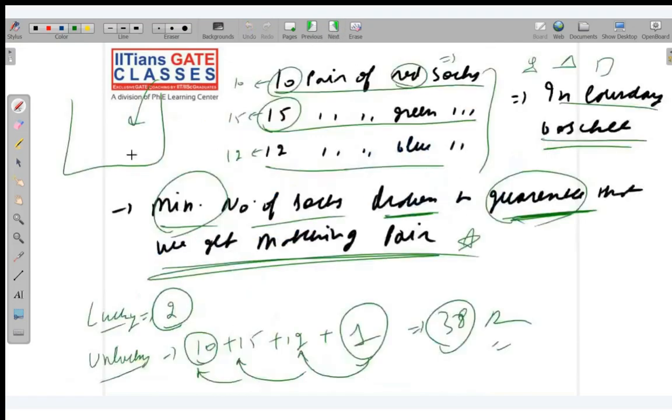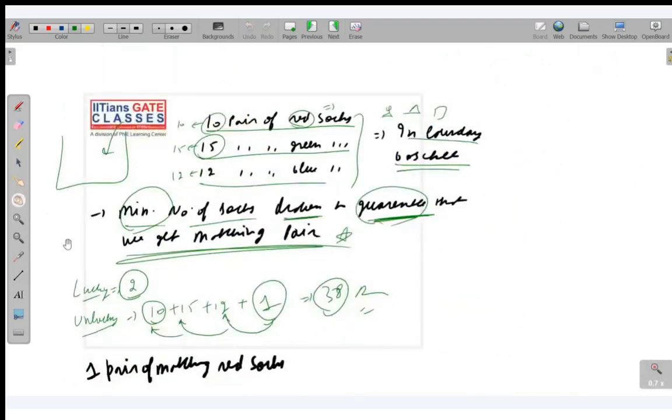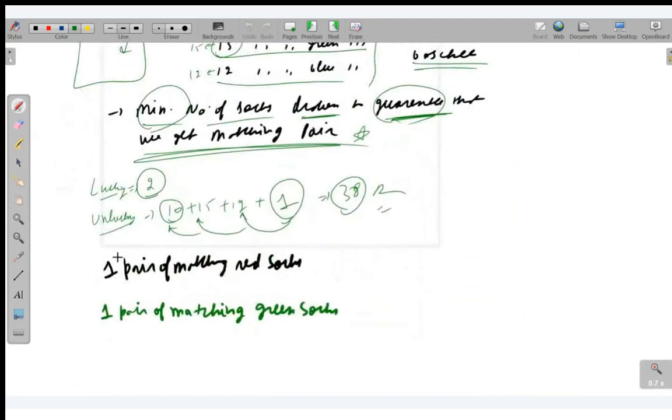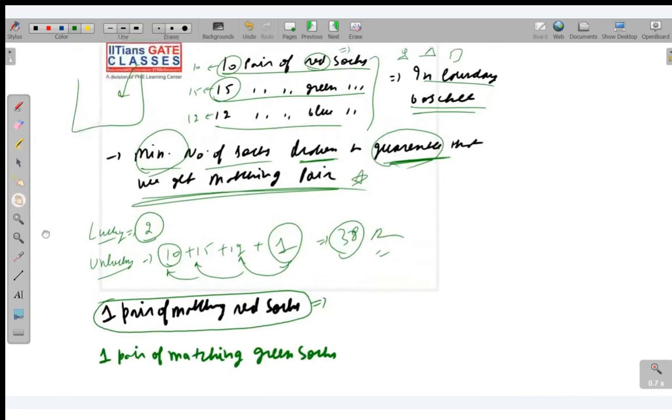So next is generating functions. Okay. And there are two more questions left. If I want one pair of matching red socks, then what will be your answer? I will say first I will pick 10 socks and all are from different pairs. Red we have taken. Then I will say, since I am the most unlucky person, you take all the 15 pairs of green socks.